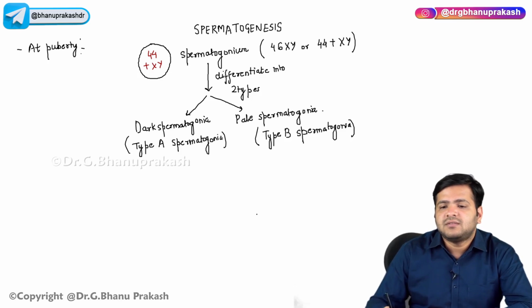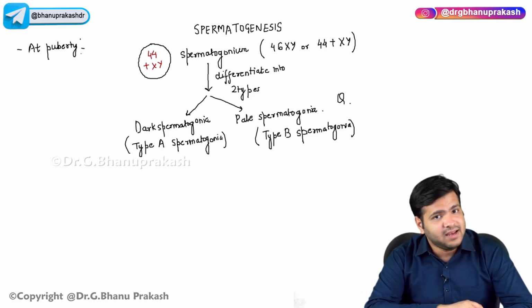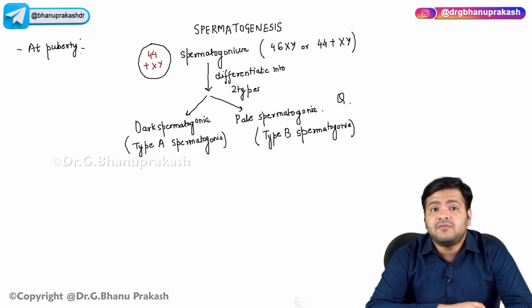Now, this was a question that has been asked. Which spermatogonia undergoes mitosis? Then what is the function of type A?